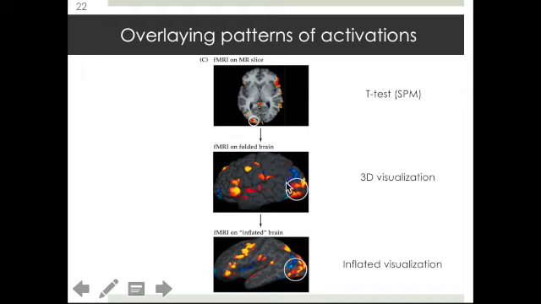What you cannot see in this example, for instance, is how there might be some activity that's buried inside a sulcus, which is a deep fold within the brain. But when you inflate the whole brain image, you can better see the activity inside the sulci. So these three maps are really of the same data, but they show increasing amounts of data.